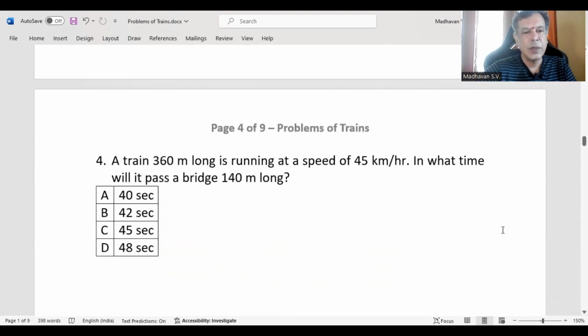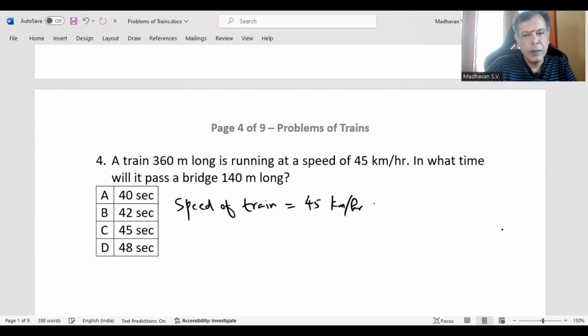Fourth question. A train 360-meter long is running at a speed of 45 km per hour. In what time will it pass a bridge 140-meter long? So the speed of the train is 45 km per hour.